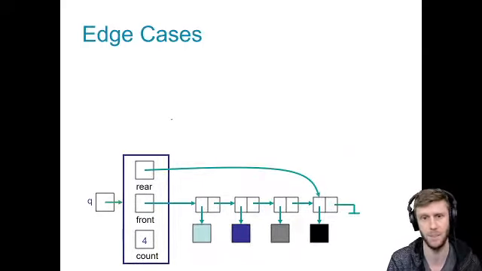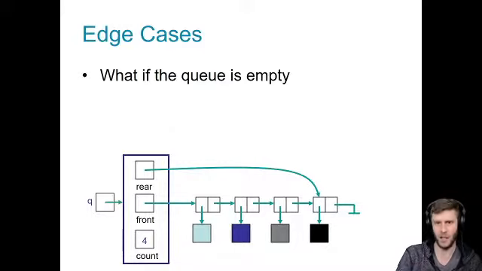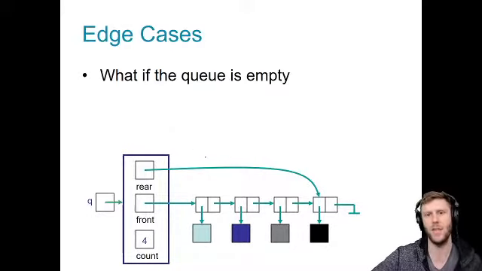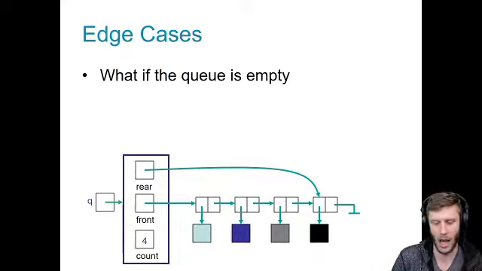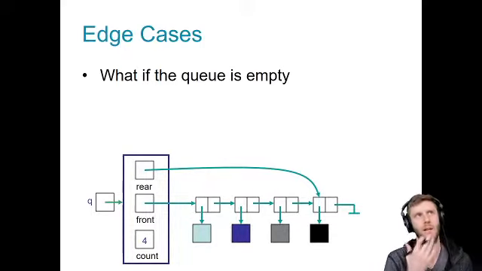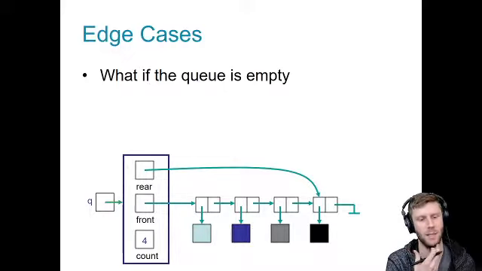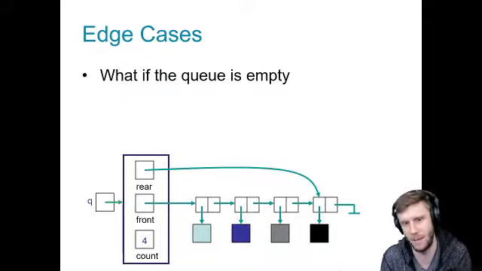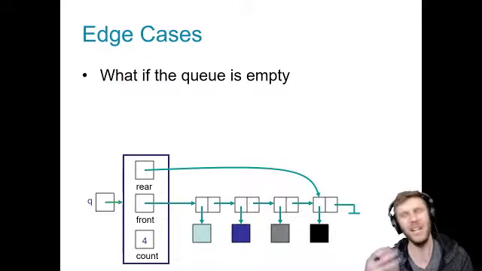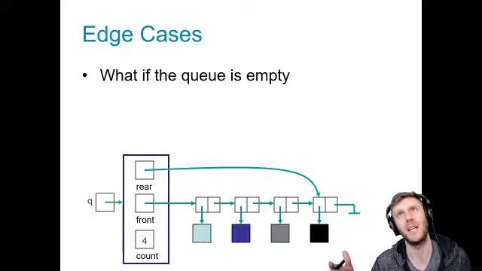That's it. Now, there is a funny edge case here. What happens if the queue is empty? I know how to insert at the front of a linked structure, right? That's easy. That's push in the stack, in the linked stack. We've done that. We know how to add something to the end because that's easy.